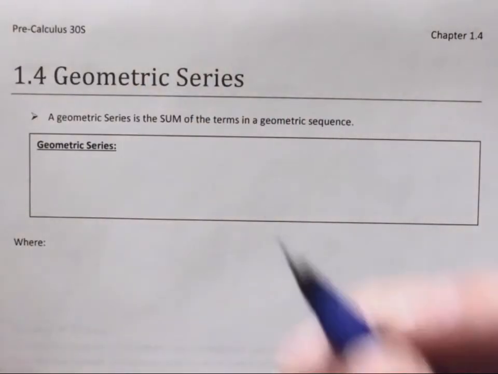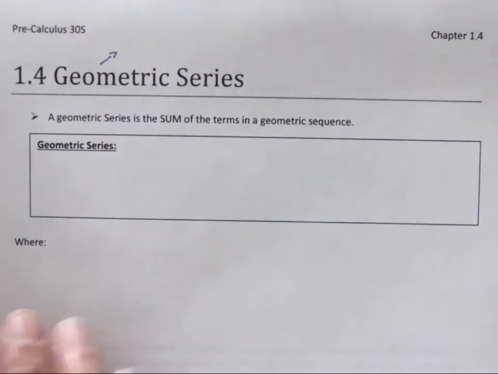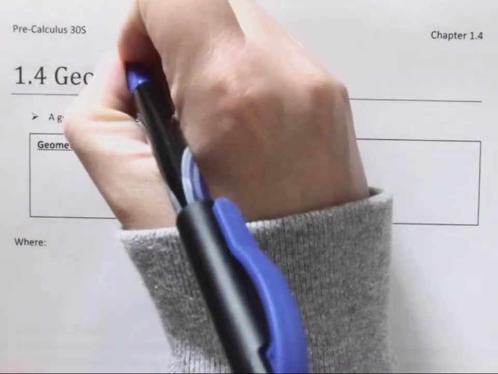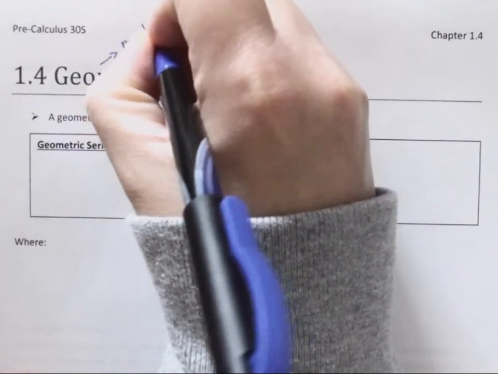Okay, so let's talk just quickly about what geometric means. When we're in this unit, we're talking about patterns in number sets. And so a geometric series does something very specific. Geometric means you multiply to get to your next number.